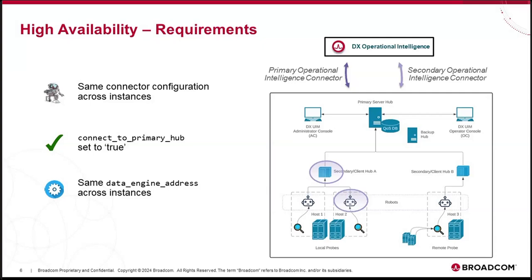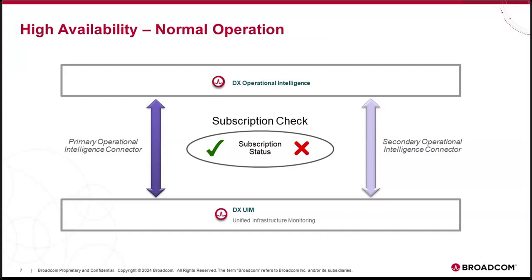As you see in the diagram there, both the OI connectors remain operational, remain active, and essentially are redundancies built on top of each other. So in case of a normal operation, this is how it architecturally looks like.